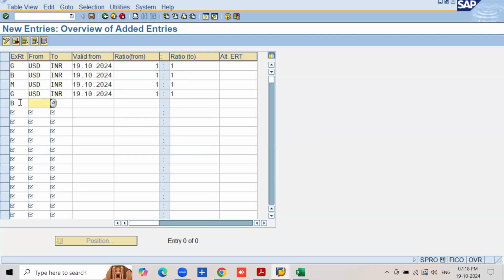Exchange rate type is equal to B, from is equal to USD to INR, valid from 19/10/2024, ratio from 1 to ratio 1. Exchange rate type M, from is equal to USD to INR, sorry, it's not USD, GBP. I'm sorry.